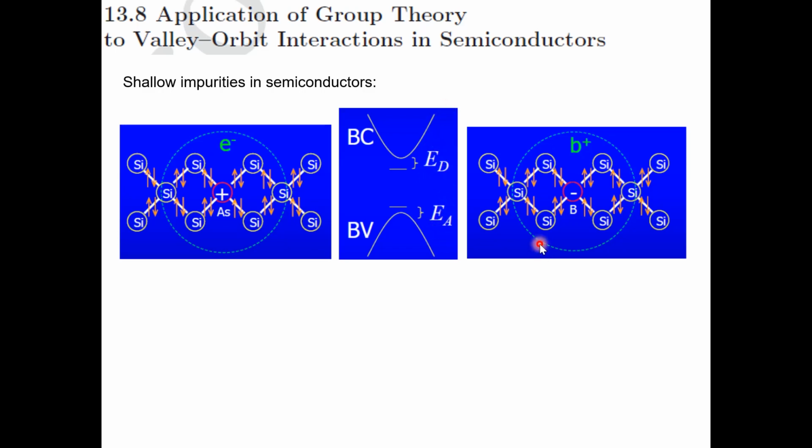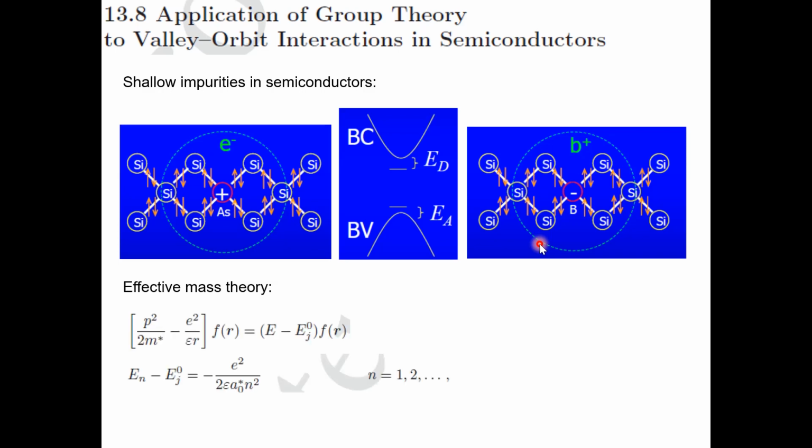But we have to make 2 modifications of the hydrogen atom Hamiltonian in order to account for 2 features. First of all, we have to screen the Coulomb interaction, in the simplest possible description, by the dielectric constant of silicon.